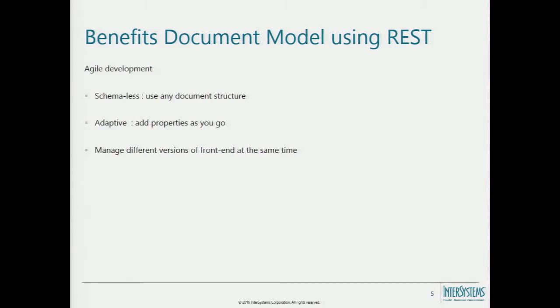That means that it's a very agile, adaptive way of programming. You change something, you want to add a new property, you just add it in your UI, and that's it. You don't need to do anything on the backend to let the backend accept your new properties. And it's particularly interesting for mobile, because if you make a new app, version 1, you put it on all those stores, people are downloading it.